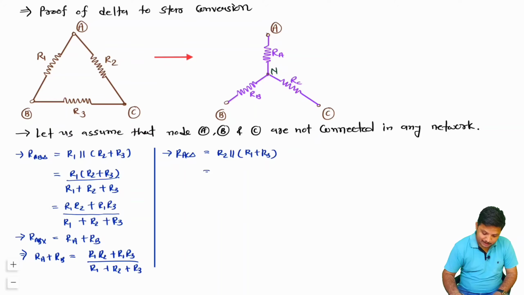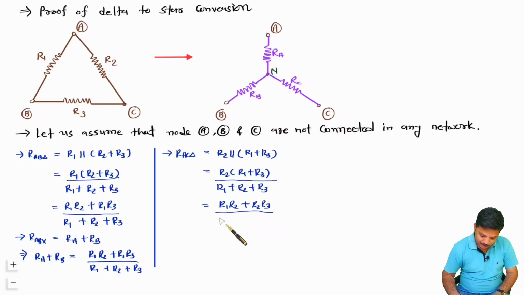So this is R2 into R1 plus R3 divided by R1 plus R2 plus R3.